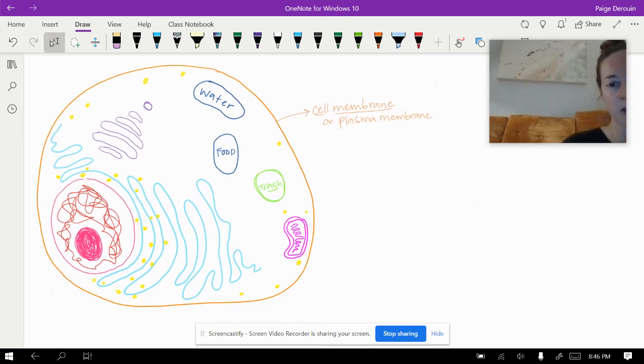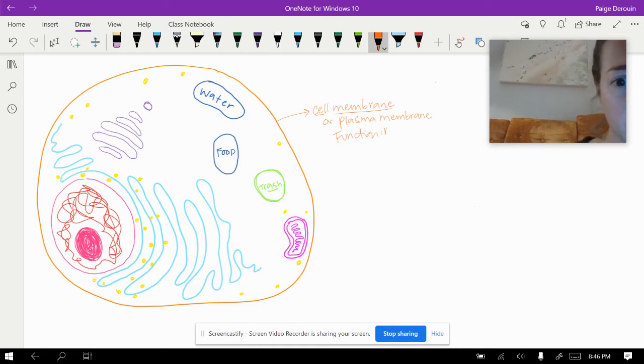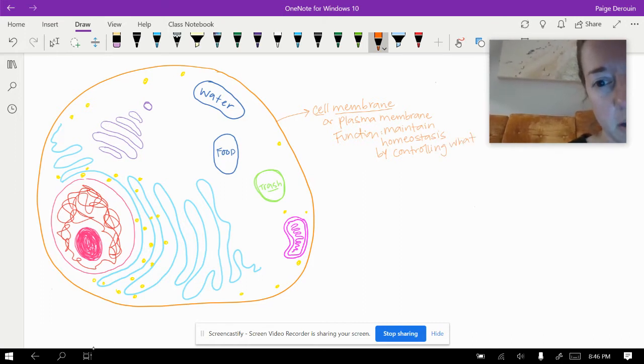The function of the cell membrane is to maintain homeostasis by controlling what enters and exits the cell. Every single cell that has ever existed has had a cell membrane. They all have one. We'll talk more about it next week.